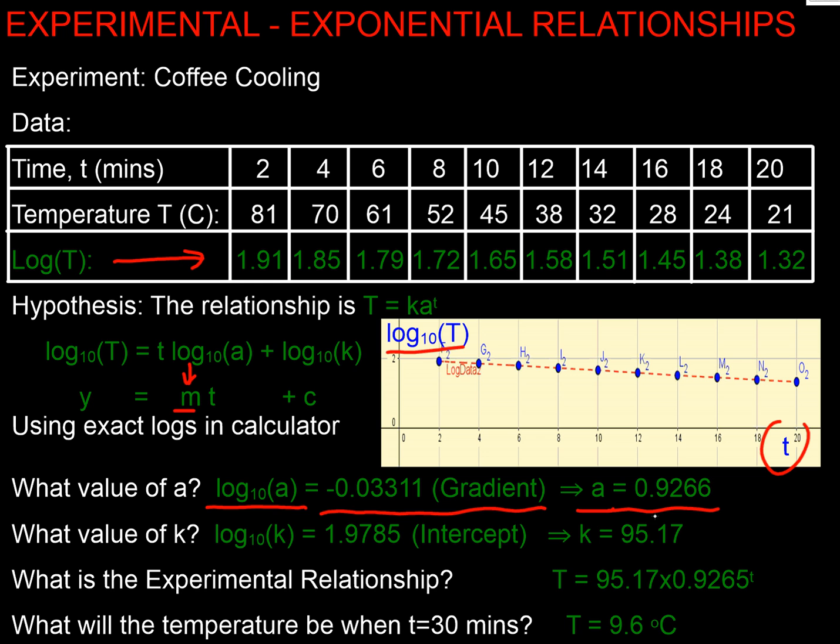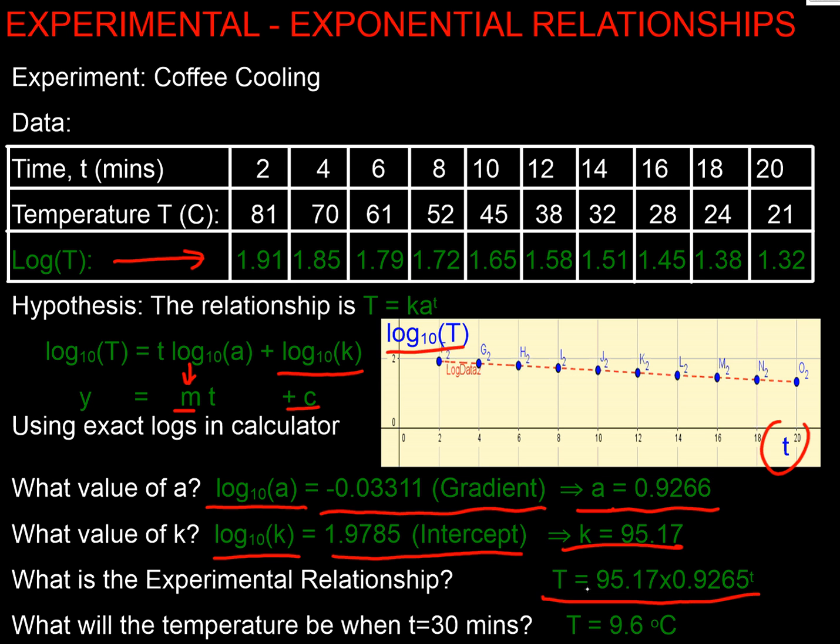What's my constant? How am I going to use my constant? Well, c, my constant from the calculator, was my intercept, is 1.9785, and that's going to be equal to log k. So therefore k is 10 to the power 1.9785, k is 95.17, that's degrees C, and therefore that's my relationship.